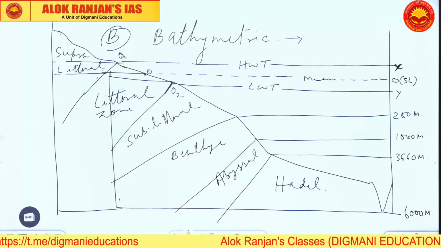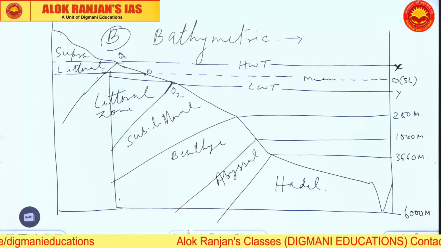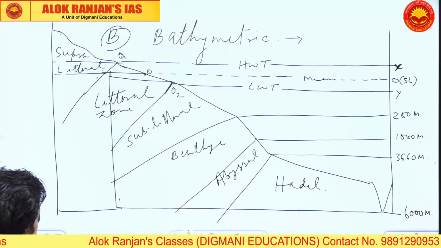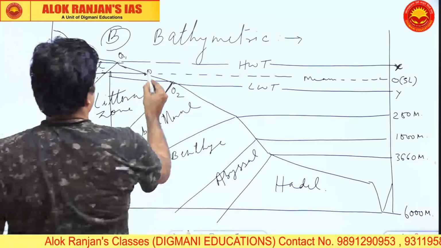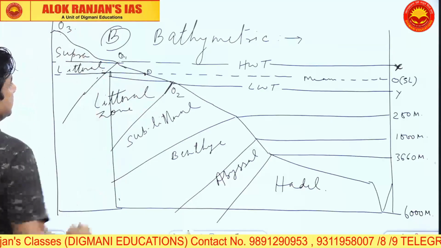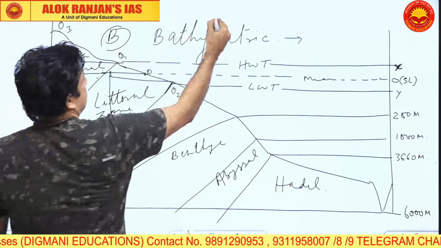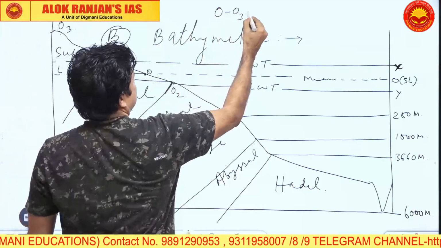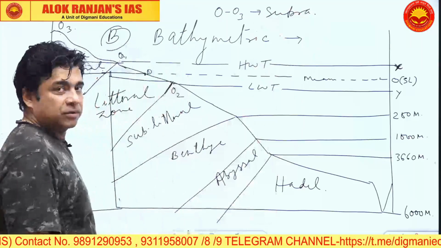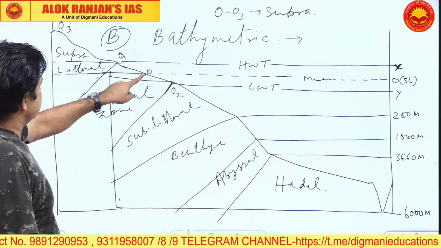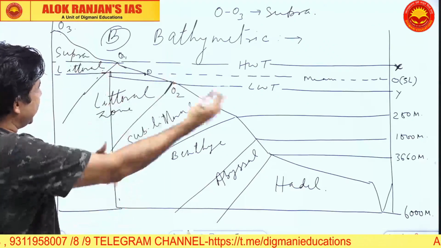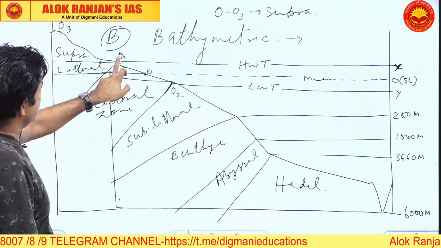So some part of the supralittoral can be found during the high water tides. So on an average, this was your O, this is O1, this is O2. We can take it O3. So O to O3 is supralittoral. यहां से यहां तक ये पूरा supralittoral होगा. Now this coincides actually. Now littoral will be O1 to O2.